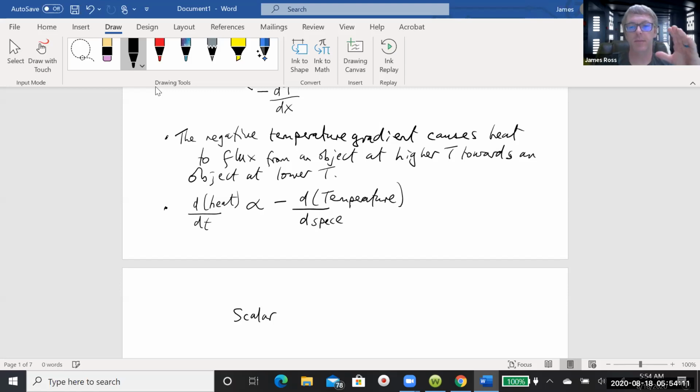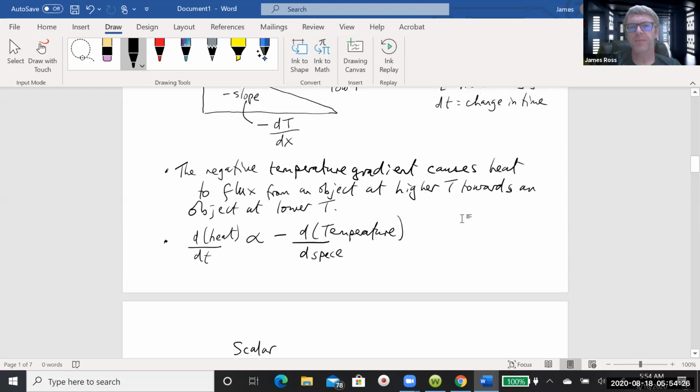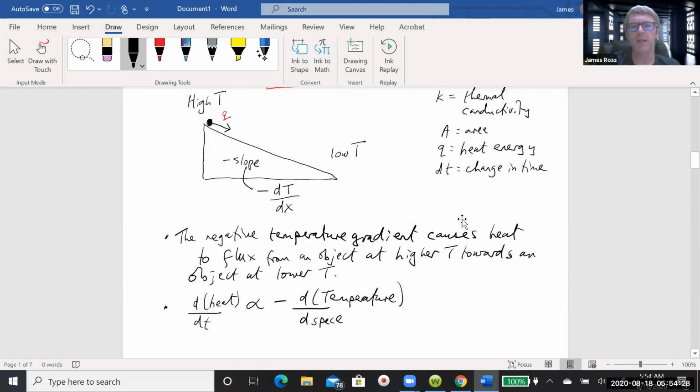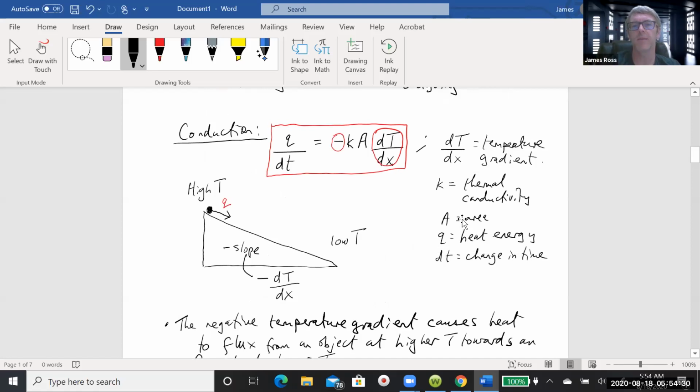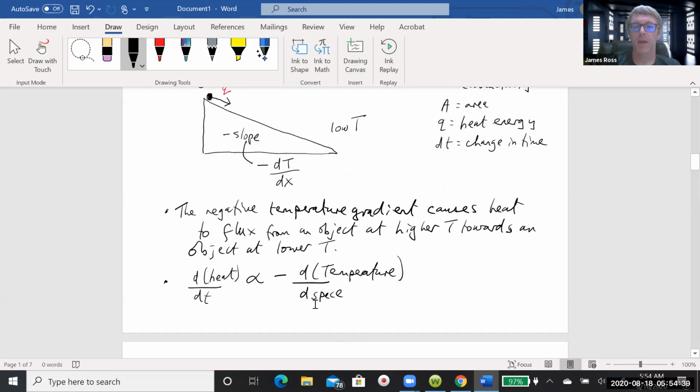So space direction and time, I'm not talking about Einstein's space-time here, just a time coordinate and a space coordinate. This is our conduction equation. This is the salient feature with the constants ripped out of our conduction formula, where that change in heat per unit time is just dQ/dt. The proportionality mops up the K and the A, and then we've got minus the temperature gradient, which is a space direction.